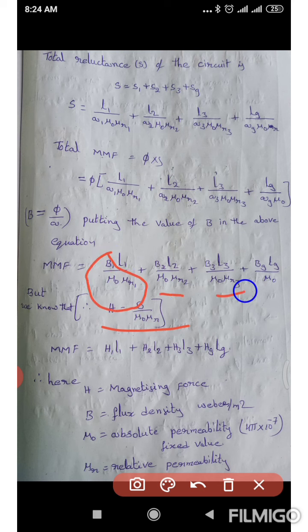Similarly, all elements contain the same terms, so I am replacing B1 by mu naught mu R1 with H1, B2 by mu naught mu R2 with H2, B3 by mu naught mu R3 with H3, and Bg by mu naught with Hg.